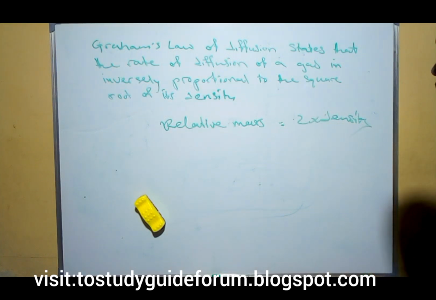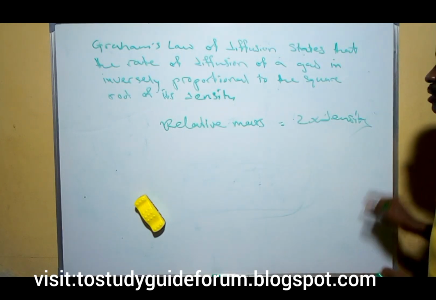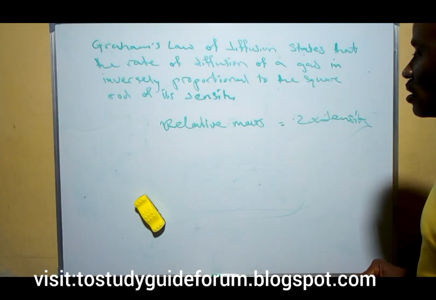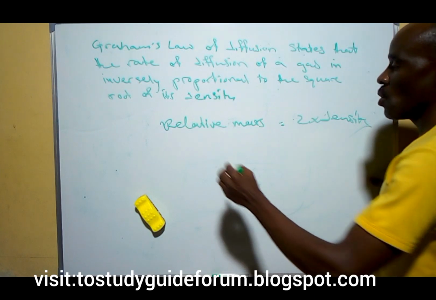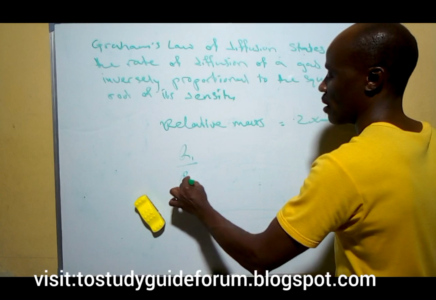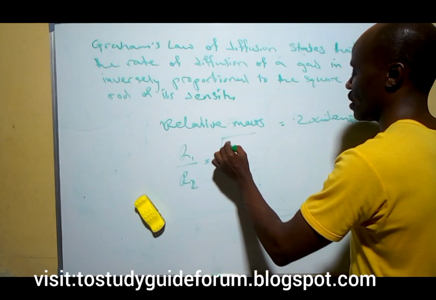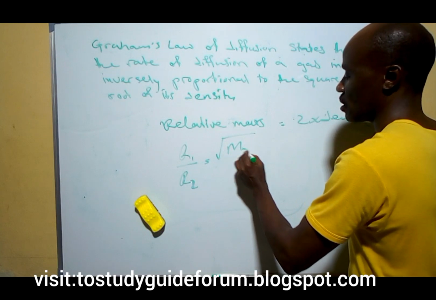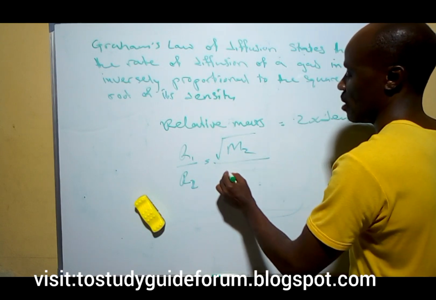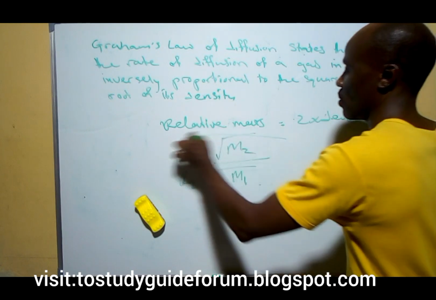That is to say, since it's 2 times vapor density or density, we can also extend the law to this form: R1 over R2 is equal to the square root of the molecular mass of the second gas over the molecular mass of the first gas. That will give us this.